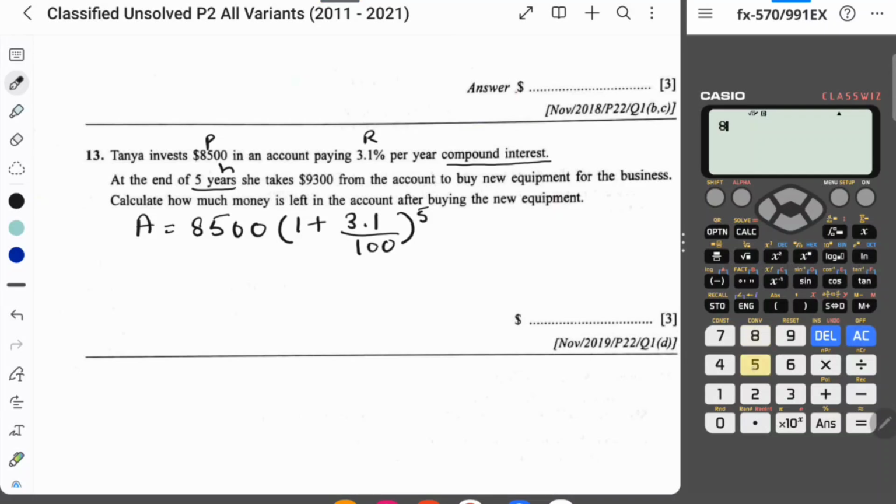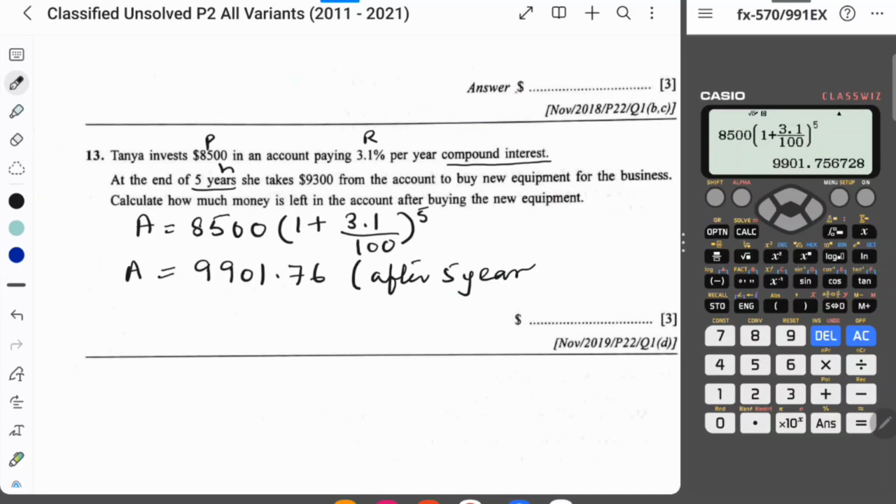This is 8500, and then afterwards 1 plus 3.1 upon 100, and then go up to the power of 5, and that is equal to 9901.76 dollars. All right, so this is the total amount after 5 years.